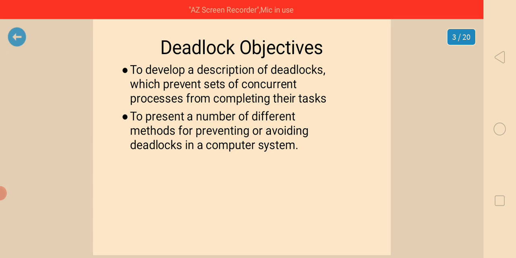And also to present a number of different methods for preventing or avoiding deadlock in a computer system. So these are the objectives.